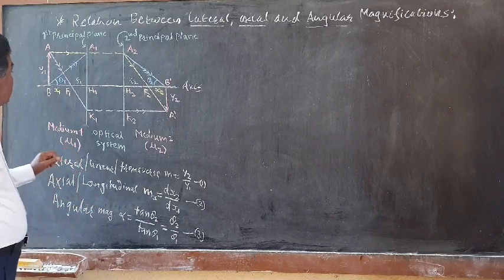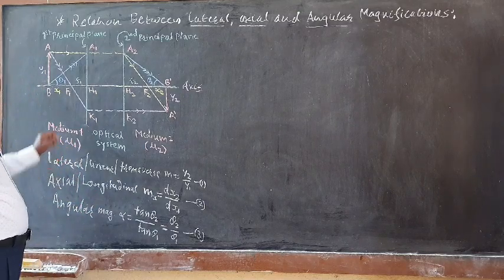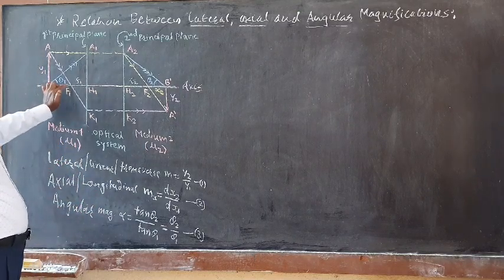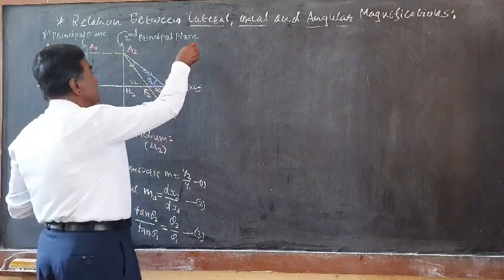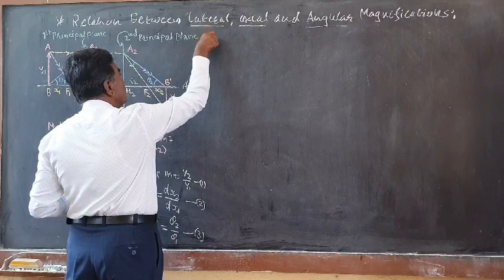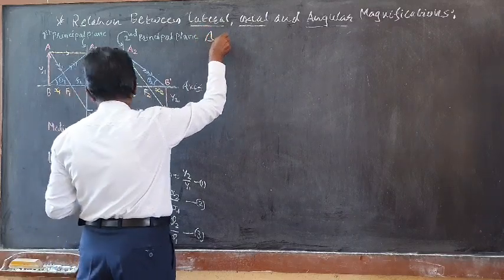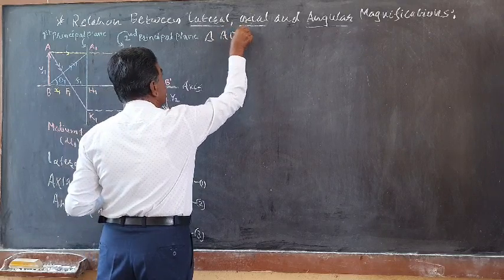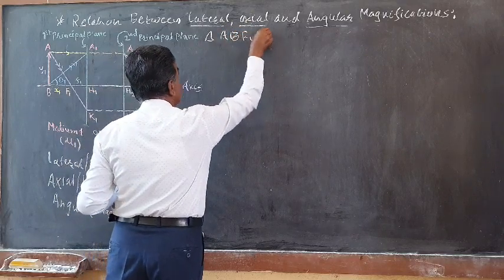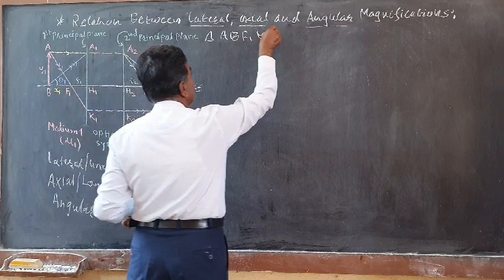For that, first of all consider the similar triangles ABF1 and K1H1F1. So we will consider these two triangles. This is the first triangle, and its similar triangle is K1H1F1.